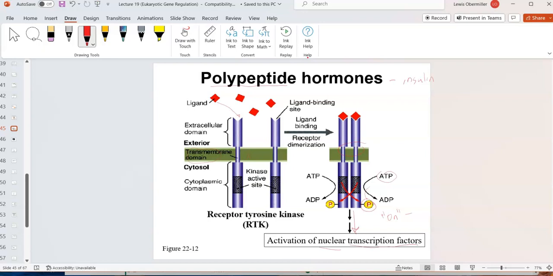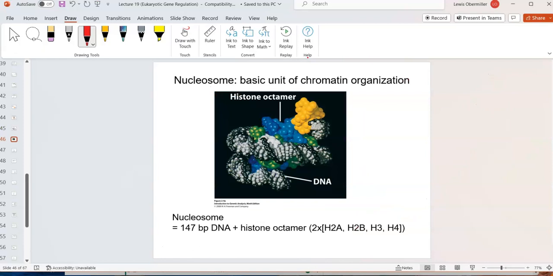In this case, it would turn on a gene to make a transmembrane protein. So it would open up a channel in the cell to bring in glucose. And then this is where glycolysis would start. And hopefully you learned glycolysis in your intro bio class.